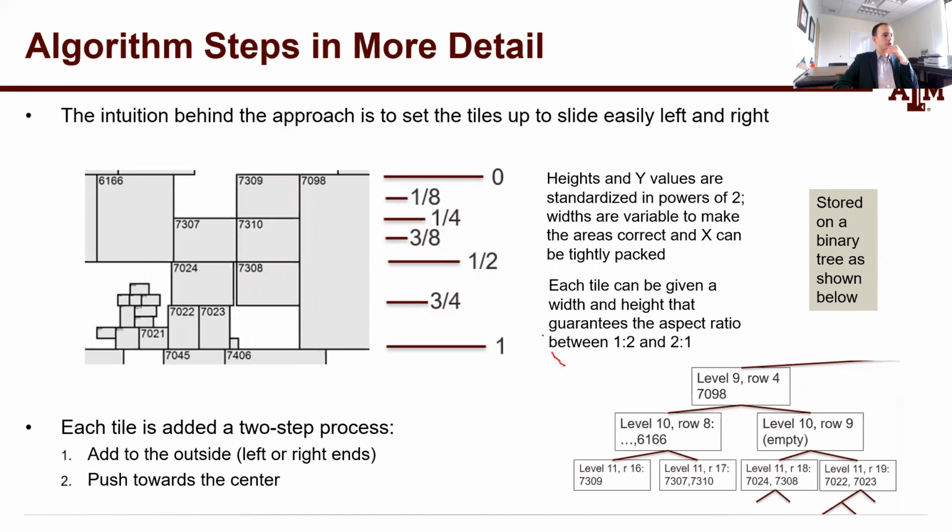And then we can ensure that each tile has an aspect ratio between 1:2 and 2:1. And so each tile is added in a 2-step process. We figure out where on the outside, the left or the right end, we're going to add it, and then we push that whole row in towards the center in a way that's optimized.